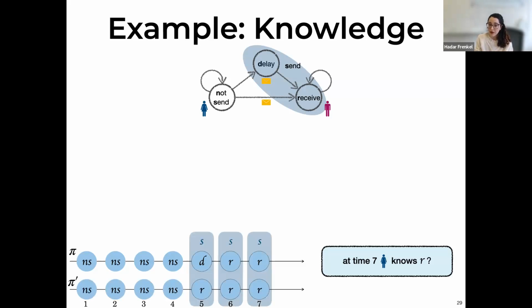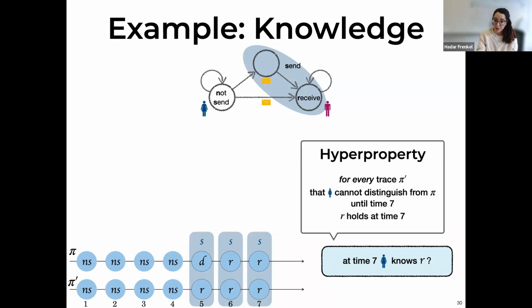For her, these traces are indistinguishable because she only sees not send and then send. And so for her, these two possibilities are possible. And so we need to check both of them. And if our property holds on both of them, then we know it holds. And indeed, the message is received on these two traces, pi and pi prime, at time step 7.